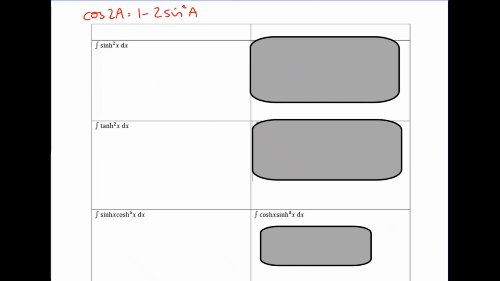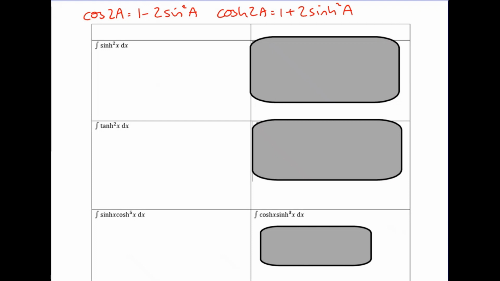Okay, so this is the double angle formula for cos, which you know from single maths. We can use this to work out the hyperbolic version. So cosh 2a equals 1 plus 2 sinh squared a, because remember, hyperbolic identities are equivalent to trig identities, except if you've got a sine squared in there, or a tan squared, or a sine times a tan, you need to change the sign on it.